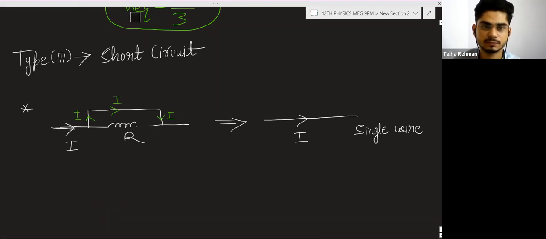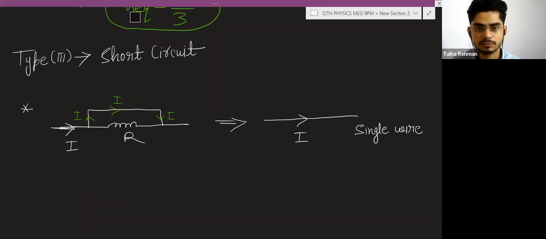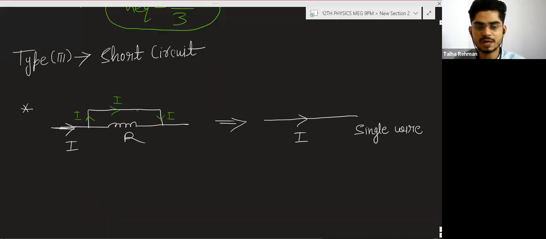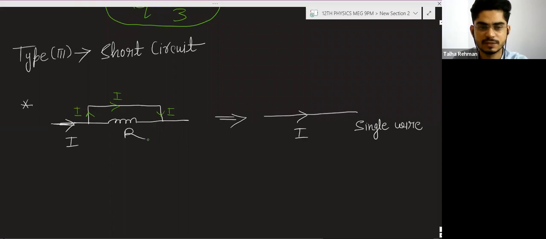Suppose you have two paths, one path this and one path this, but in this path there is some hindrance, so you will follow the other path. The current follows this path, not this path. So current across this resistance is 0, and that is why this resistance will vanish in the circuit.